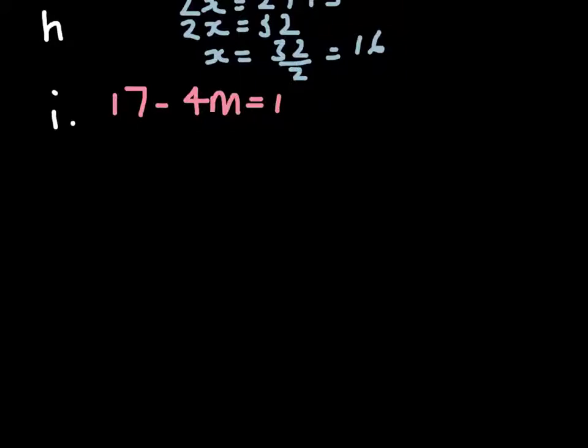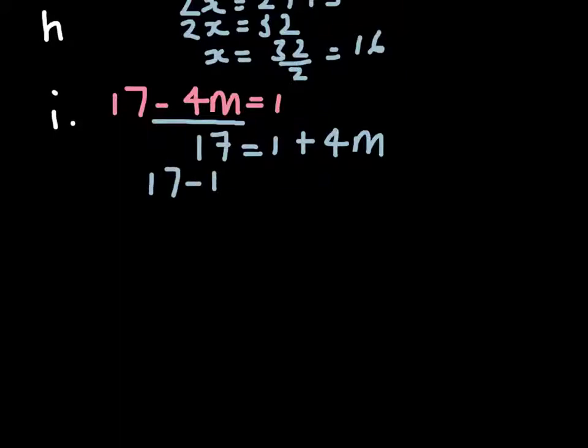Justify your answer. Okay, well first of all I wouldn't even worry about what either of them thinks. Let's just try and solve it. Because I don't like having this negative m, I'm going to move it onto the opposite side. So I'm going to say 17 equals 1 plus 4m. Now I'm going to move my plus 1 onto the other side.